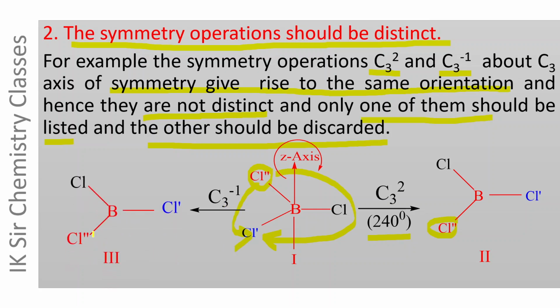Similarly the positions of other chlorine atoms also change. Now let us see, orientations 2 and 3 are identical, and therefore these two symmetry operations are not distinct. They give rise to the same orientation, and hence during making the complete list of symmetry operations, only one of these two symmetry operations should be listed and the other should be discarded.